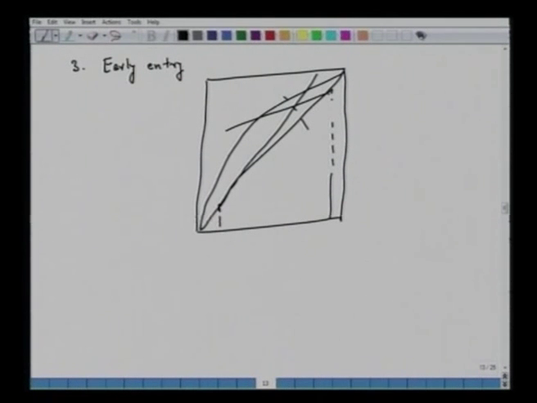There's a possibility that you can have early entry, which means if you go like this, come to the first one, come to the second, but now before the Q line one can switch down to this second operating line. So even though we could have delayed, say stage 1, stage 2, and we could have delayed to the third stage, now we can switch to the second operating line even before this Q line. So here we have this early entry.